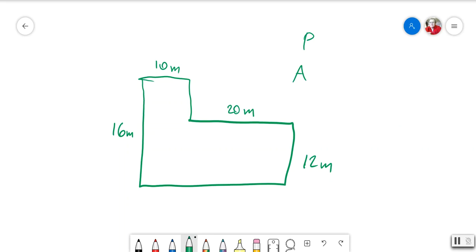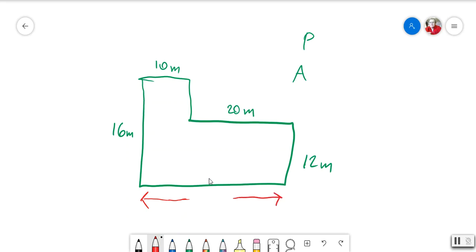The first thing that seems to be a problem is you don't even have all of the information. I don't know how big this side is, and I don't know how big that side is. But that's okay. Assuming that all these are right angles and this is rectangular in shape, this length here plus that length there has to be the same as this length.